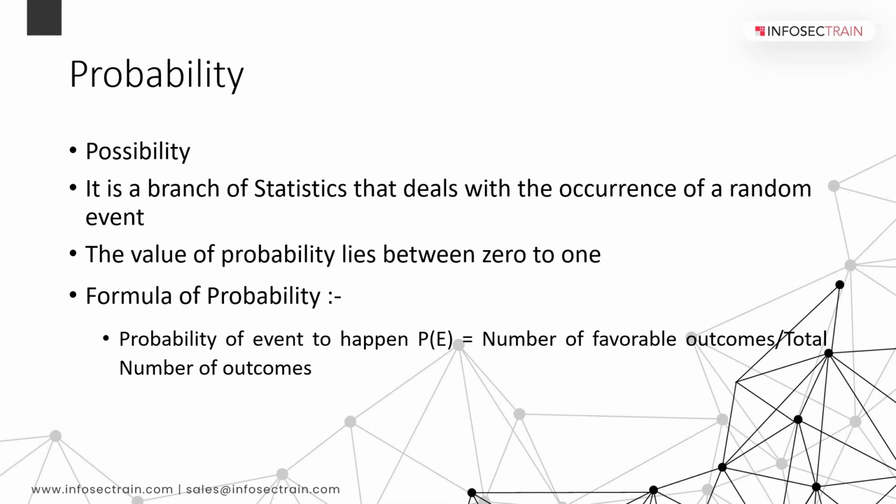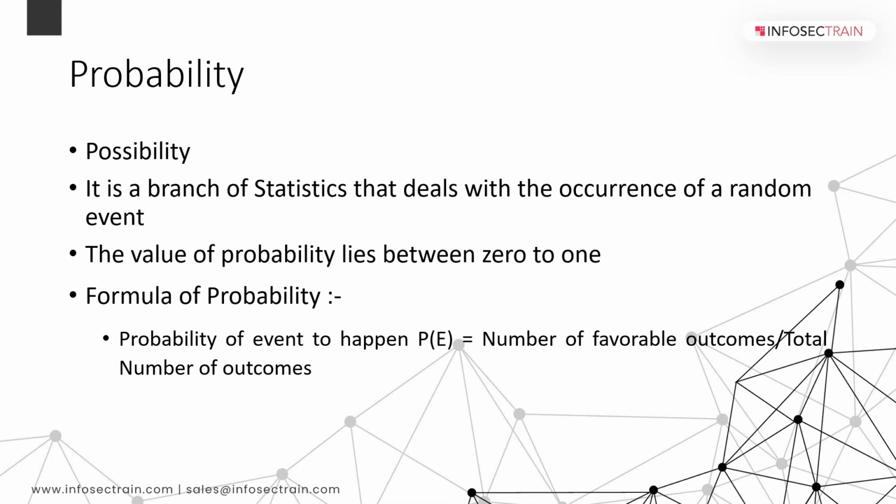So if we take the probability of tossing two coins at a time, in that case we have four different outcomes. First, HH means head head, then TT means tail tail, then head tail and tail head.